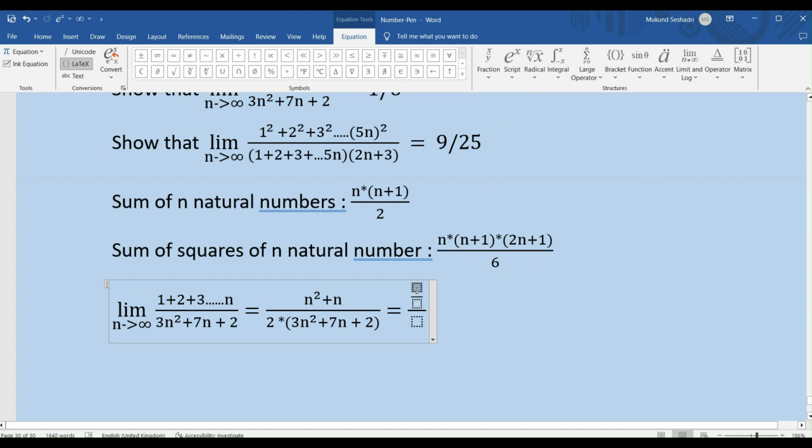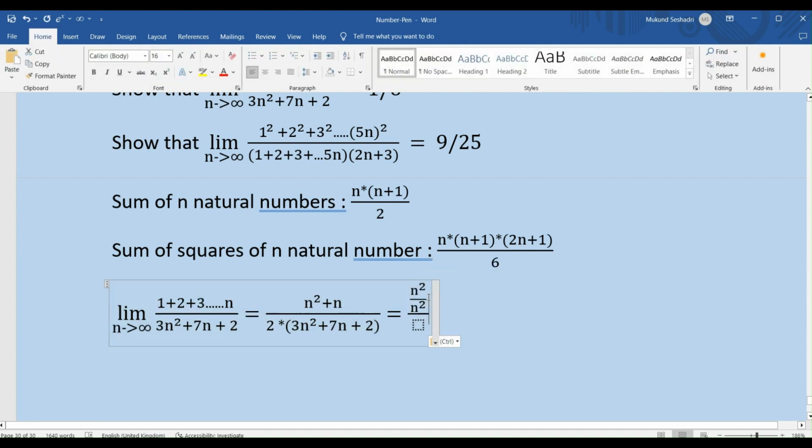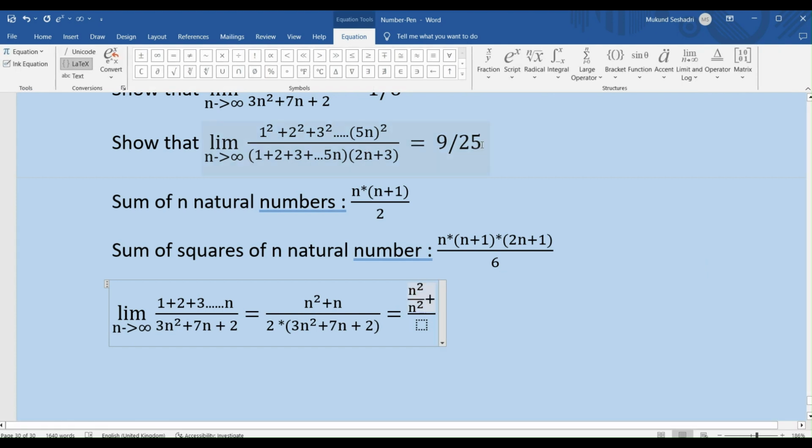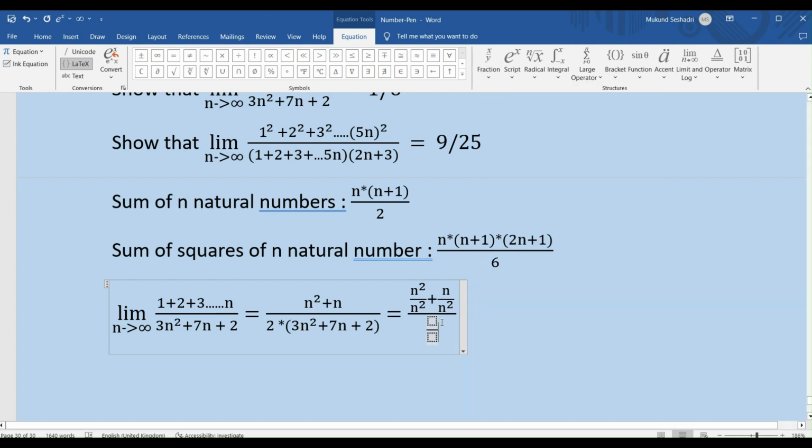So we have n square by n square plus n by n square, and my denominator also can be written that way.